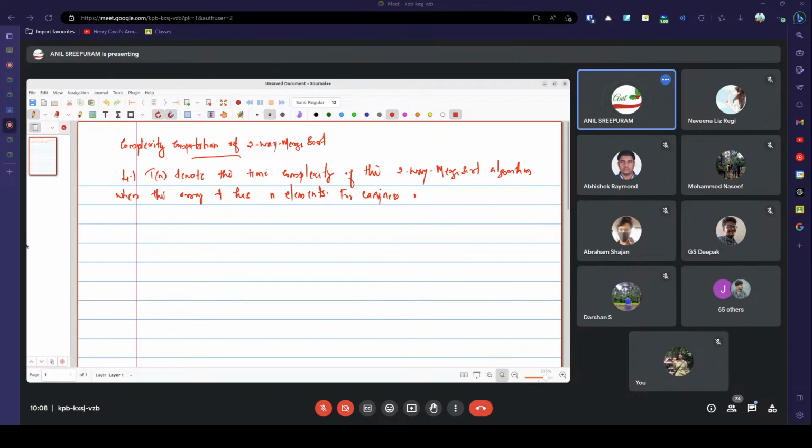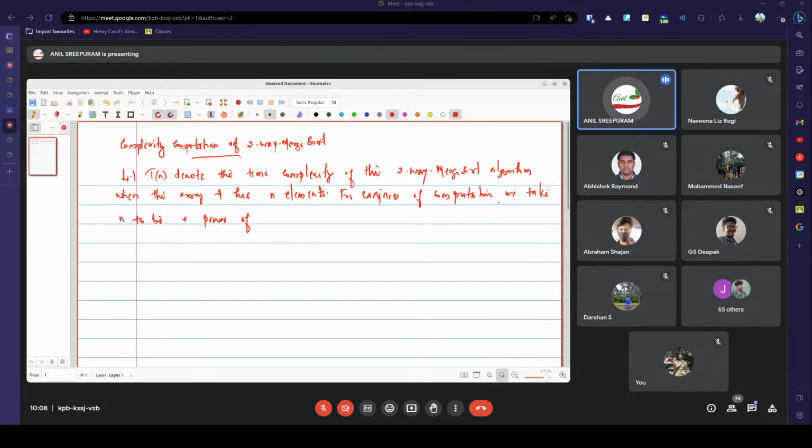We take n to be a power of 2. So look at the previous example, it has 8 elements, which is a power of 2.